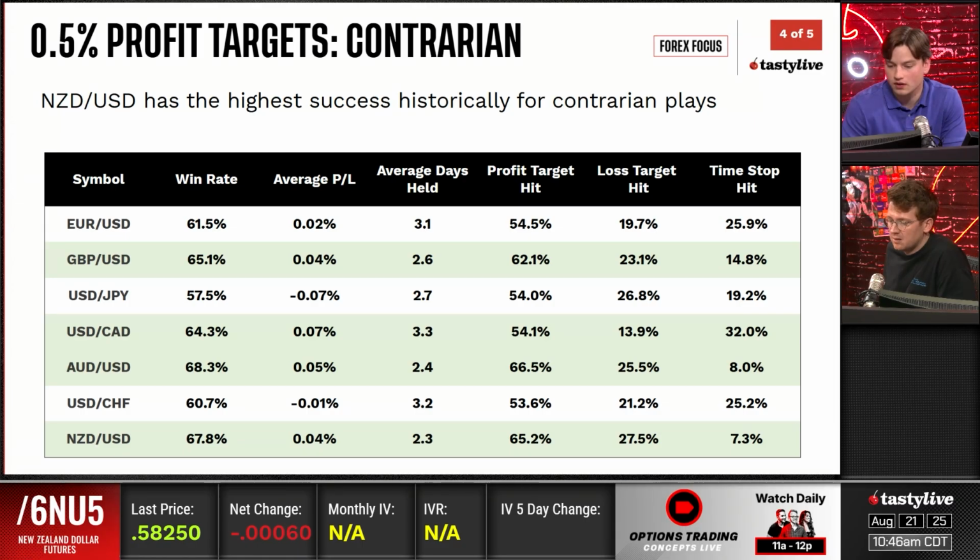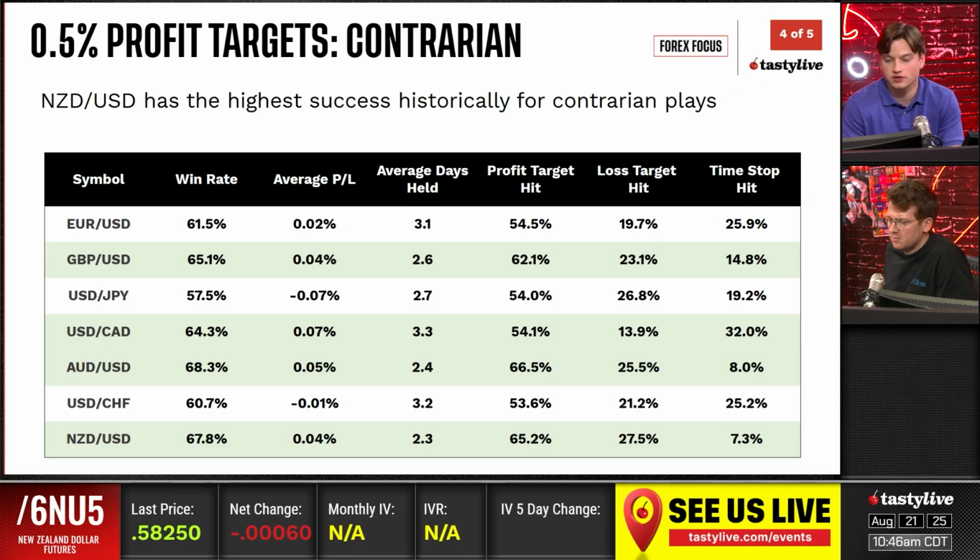Yeah, a 0.1% gain in some of these pairs could correspond to 20 pips or so. And at a dollar per pip in some of these, you're looking at around 10% in some pairs for a potential profit.